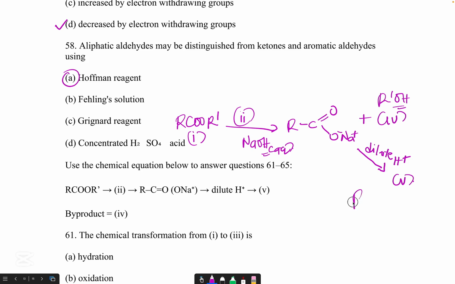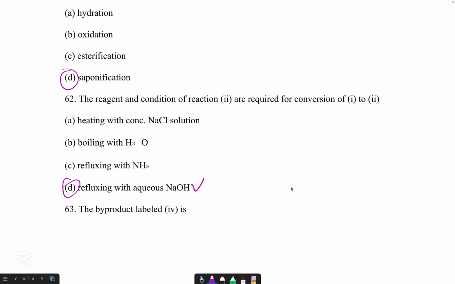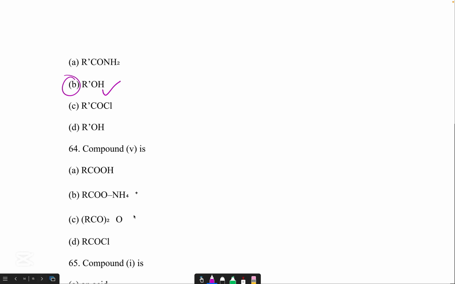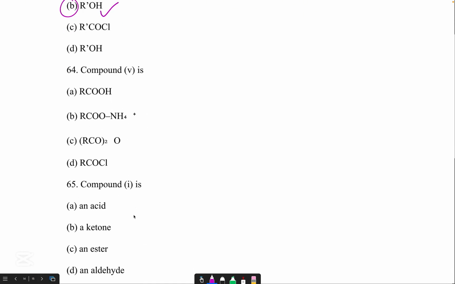So it's going to form a carboxylic acid. Is that okay, my dear students? So the product at that point will be a carboxylic acid, which is option A, RCOOH. The other options might not be really well represented, but option A is very well represented there.